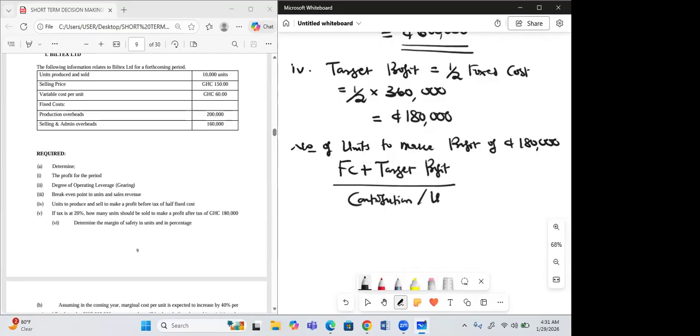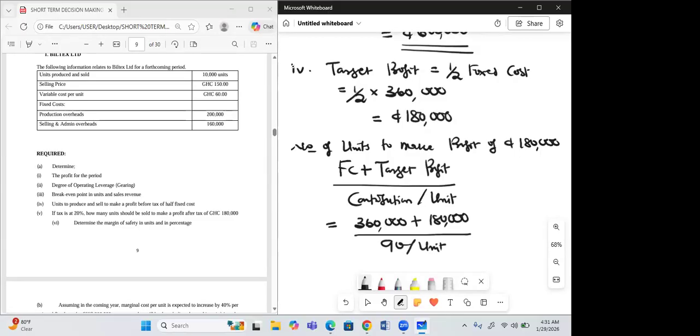So that is fixed cost of 360,000 plus the target profit of 180,000, over contribution per unit of 90.